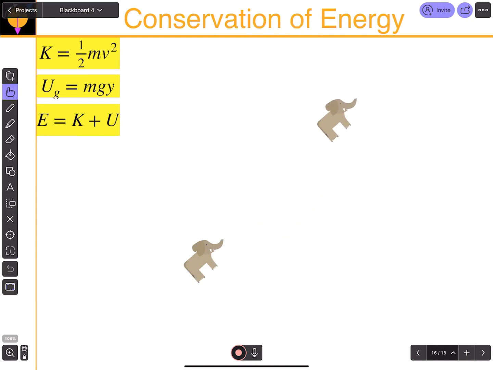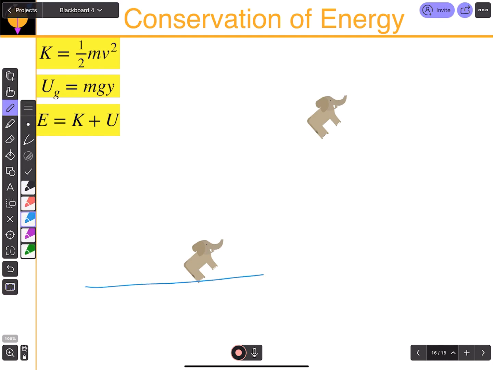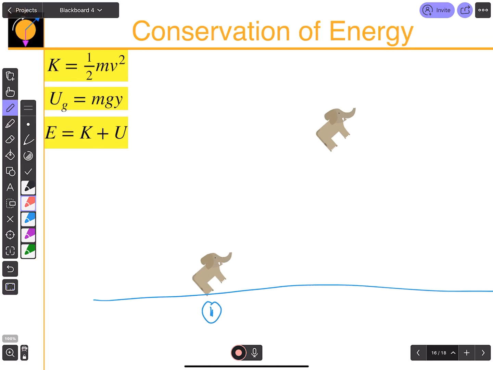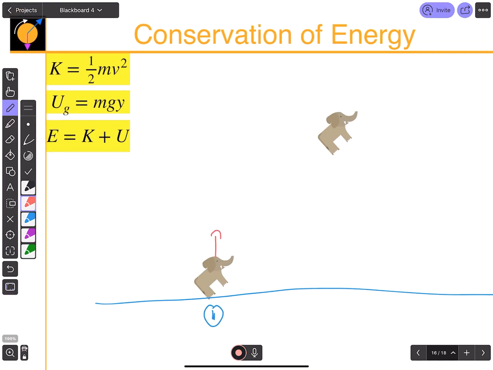So if I have an elephant on the ground, and this is at point 1, and I throw it upwards with an initial speed of, I don't know, 5 meters per second. I'm very strong, so I can throw elephants very easily. And it's initially on the ground, so y1 is 0.